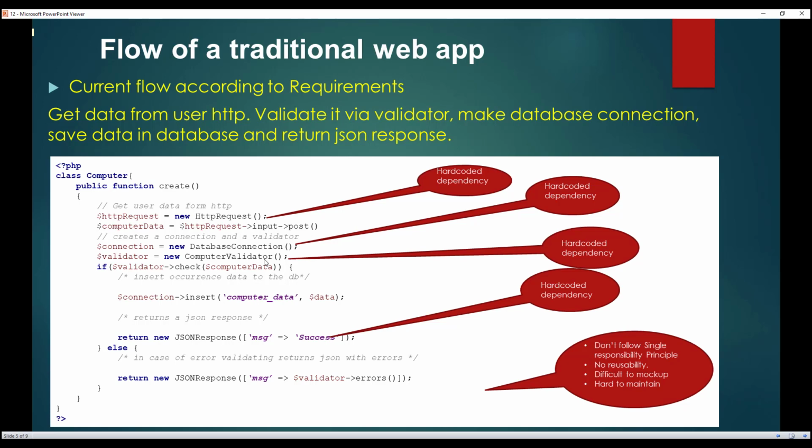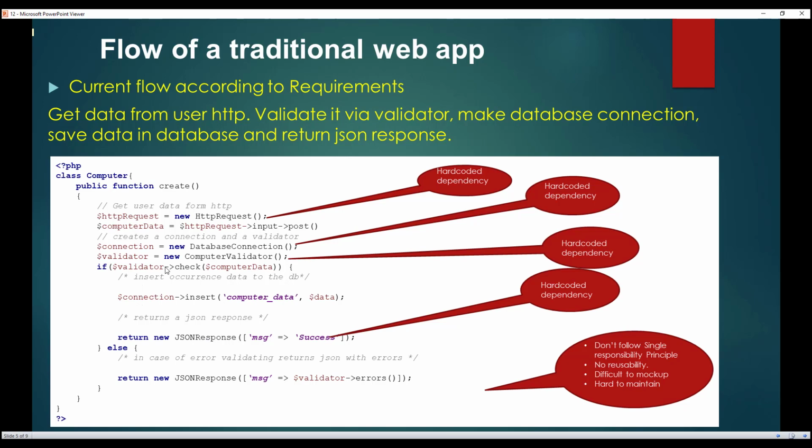After that, there is also a dependency of Computer validator. This class is responsible to validate my data. In the validator's check method, I check whether the data which I received from a user is correct or not. If it is correct, I insert this data in my computer_data table in the database and return a success response via JSON response.